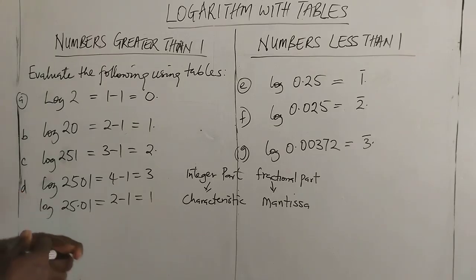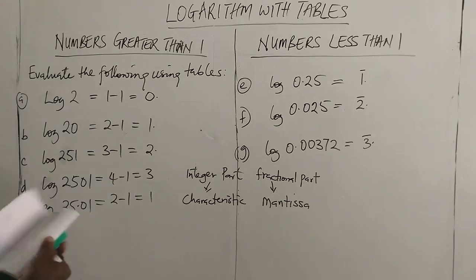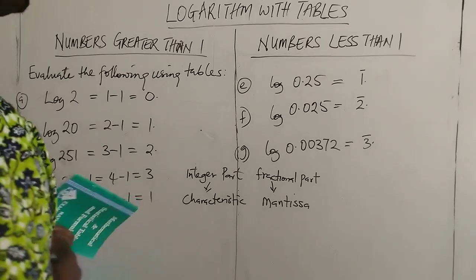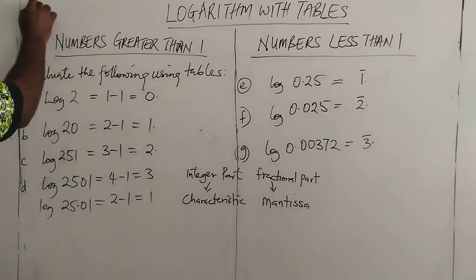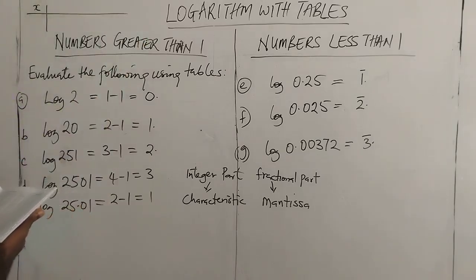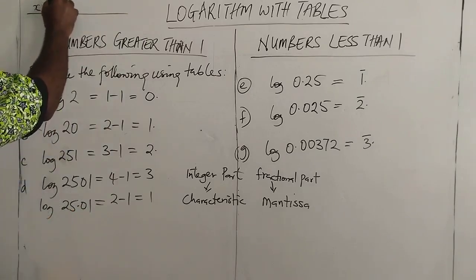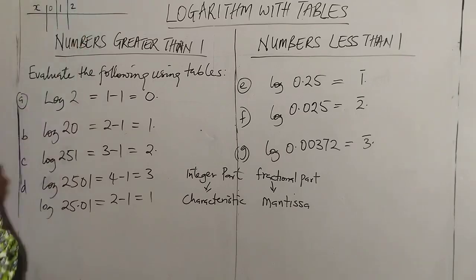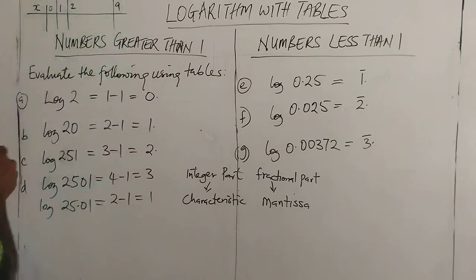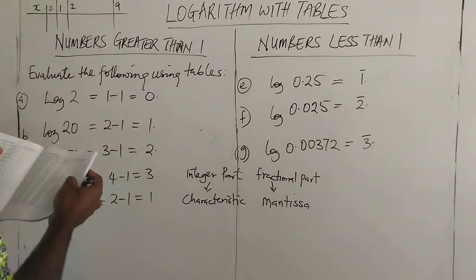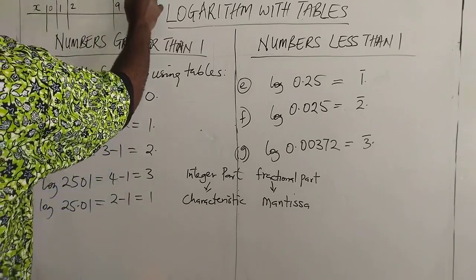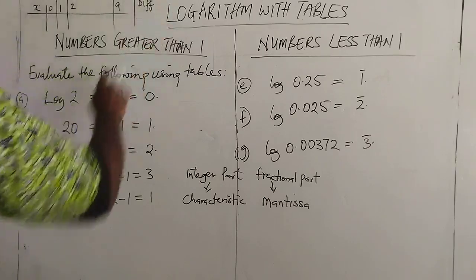That's all. If you look at the table there, this one I have here as an example, you see that there is a column called X, and then you also notice that we have columns 0, 1, 2 till 9. Then the next one we have is the difference table.